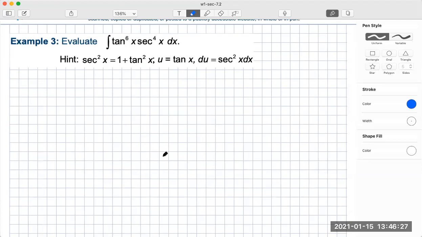The hint here, right? Now we deal with something tangent and secant. And remember, we have the relation that secant square is equal to 1 plus tangent square.